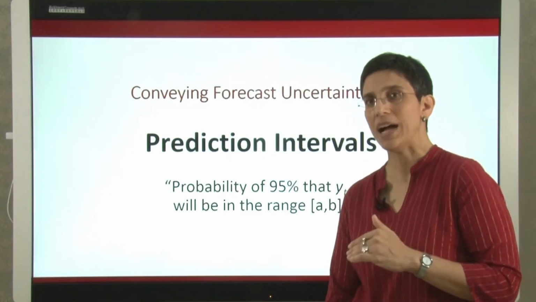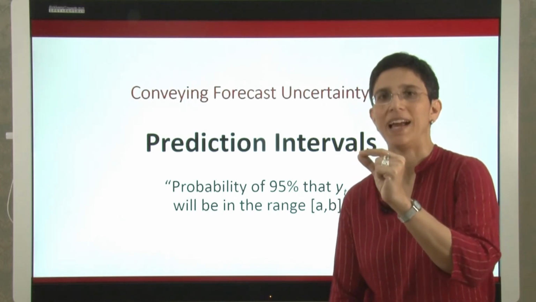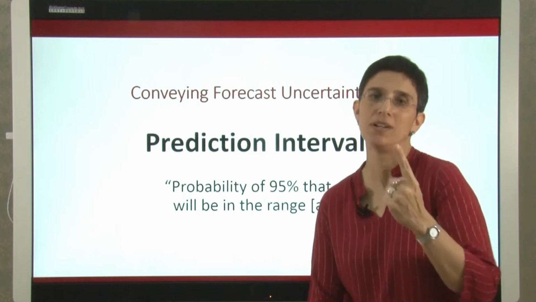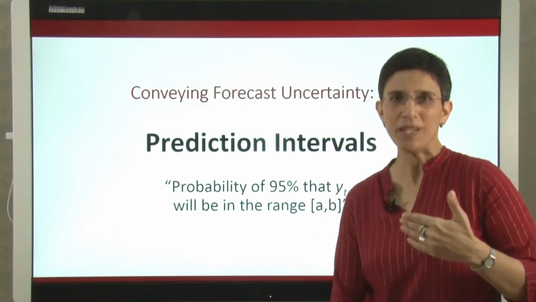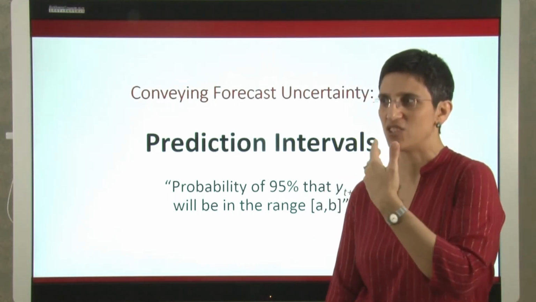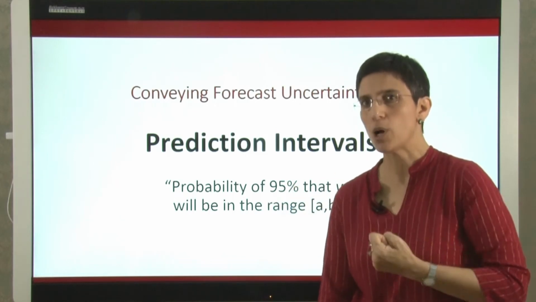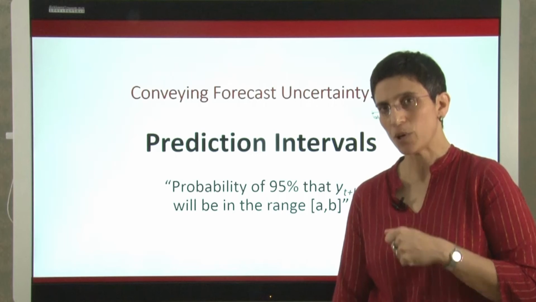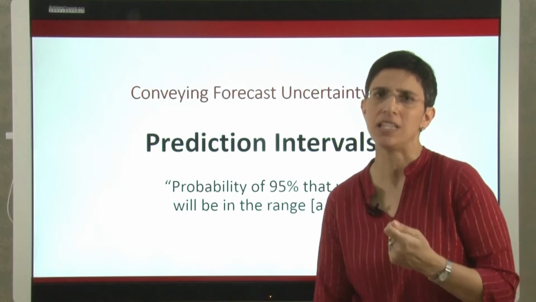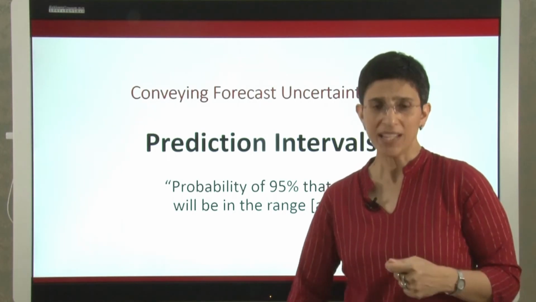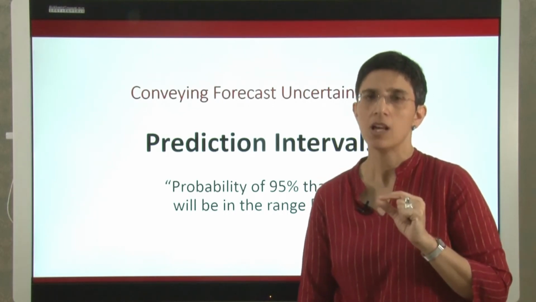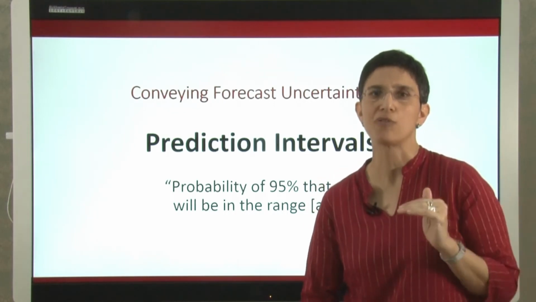We talked until now about generating a point forecast, a number. That f sub t plus k is one number. But clearly, when you give me a number, I think that that is the number. And that's the problem with only giving stakeholders point forecasts. What we're not conveying is the uncertainty that surrounds that forecast. And that's why it's very useful to not only report a point forecast, but also report a prediction interval.